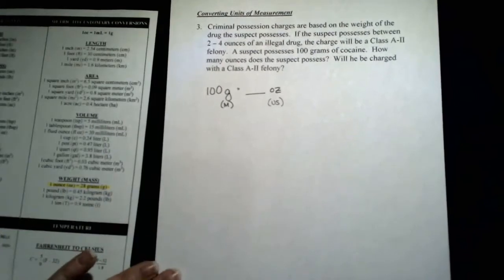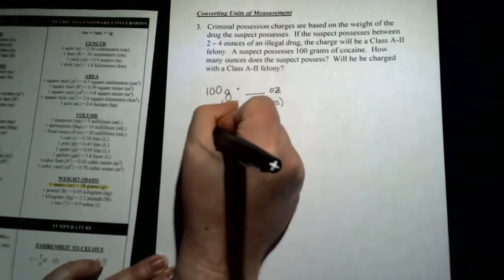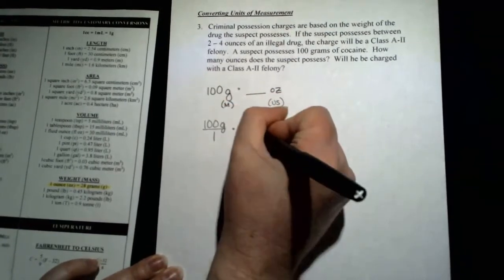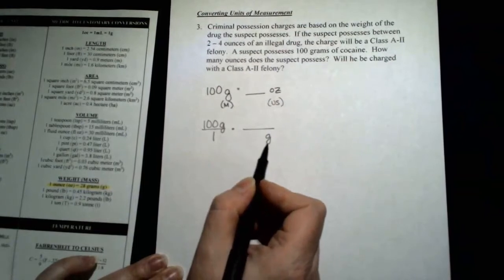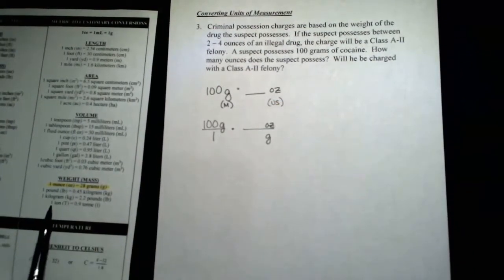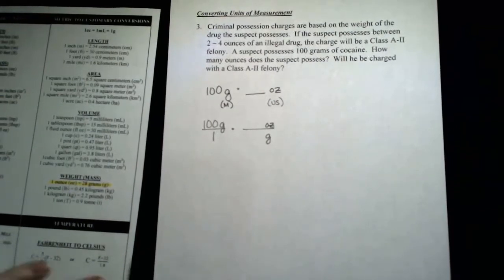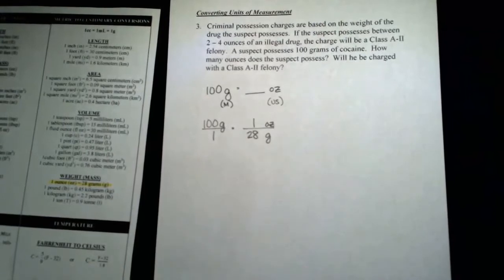So I'm going to start by putting the 100 grams over 1. And put the grams diagonally across so that they cancel. The ounces that you want go in the top. And it says 1 ounce is 28 grams. So I fill my numbers in.